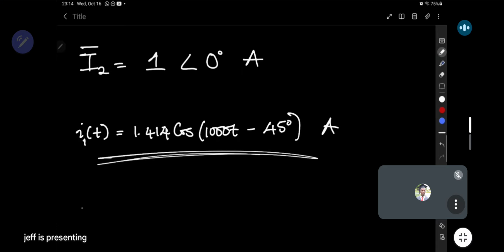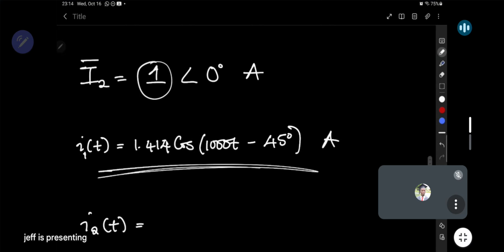The same way, we can get the steady state current I2. The peak value comes from here. Angular frequency, same source, so still 1000. What did I write? So this is cos 1000 t plus phase shift.